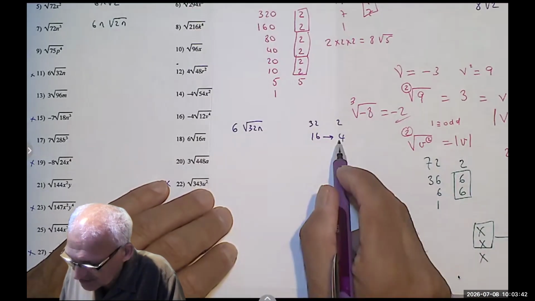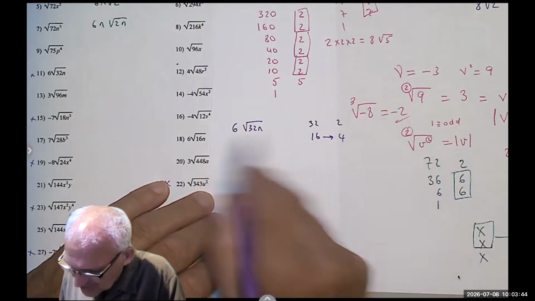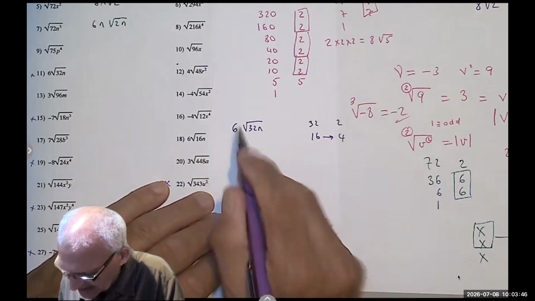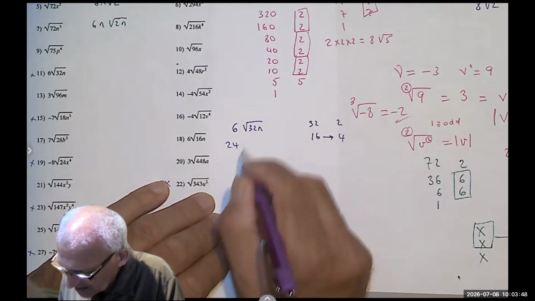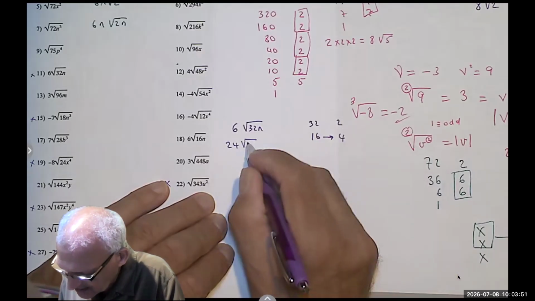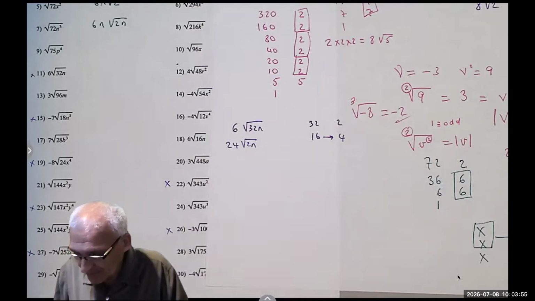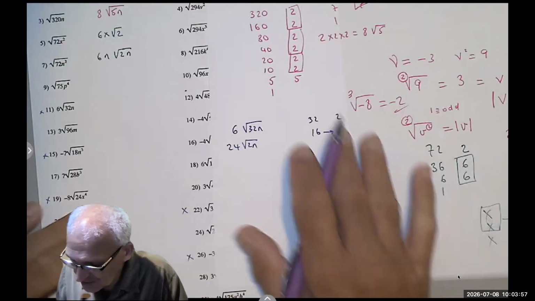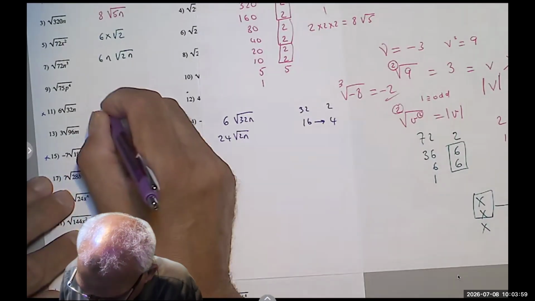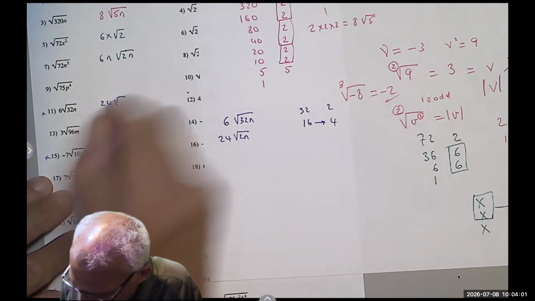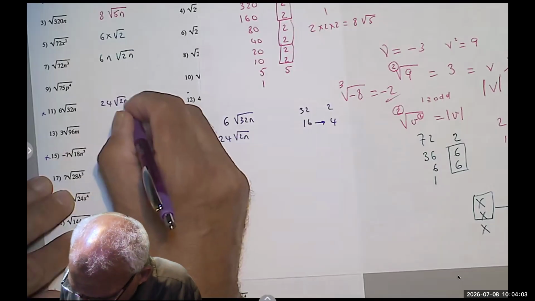So 4 outside, 2 inside. 4 outside, but I already have 6. So 6 times 4 is 24, and 2 stays inside, 2n. Okay? So this would be 24 square root of 2n.